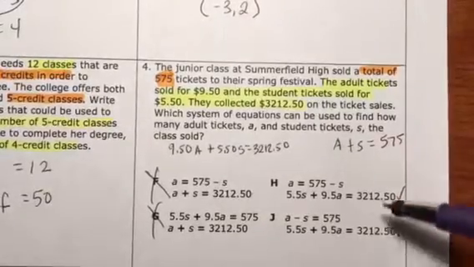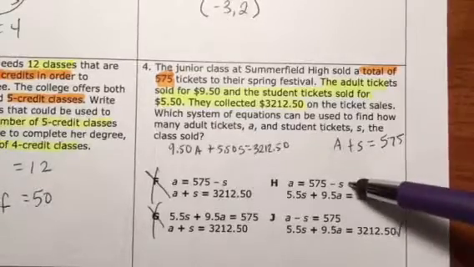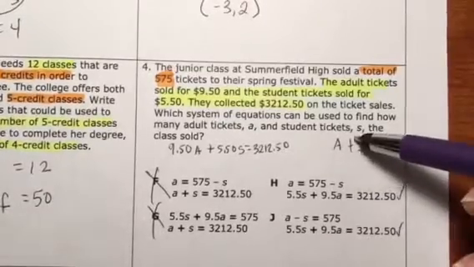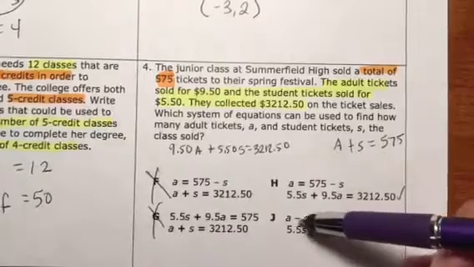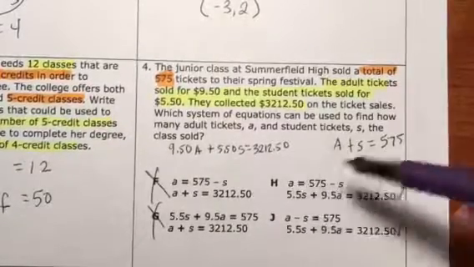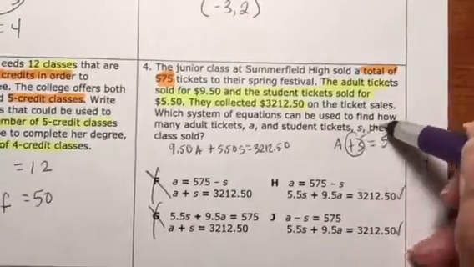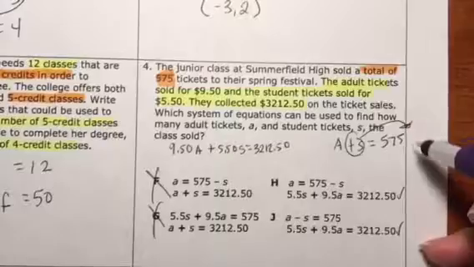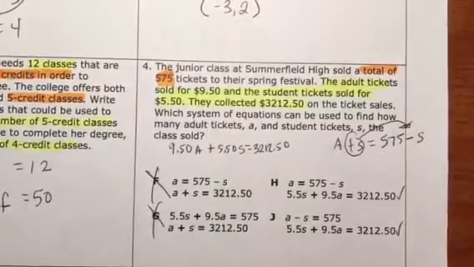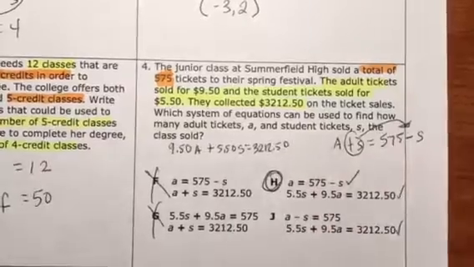Neither one actually has the correct answer because this is an addition, that's a subtraction. But if you look here, this tells us that A equals this number. So if I were to move this S over, I would get a negative S, which means that one checks out. And that's your answer.